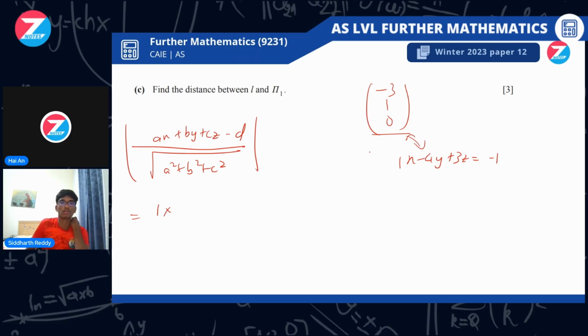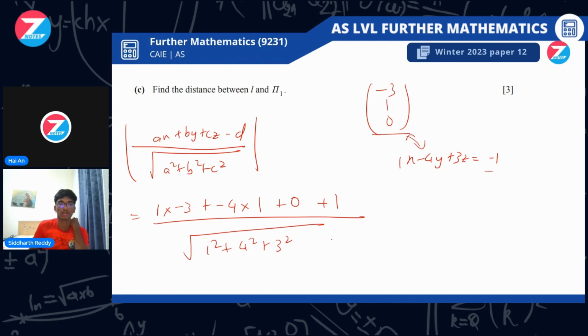So 1 into minus 3, plus minus 4 into 1, plus 3 into 0 is just going to be 0, minus minus d, so it's going to be plus 1, divided by the square root of 1 squared plus 4 squared plus 3 squared.